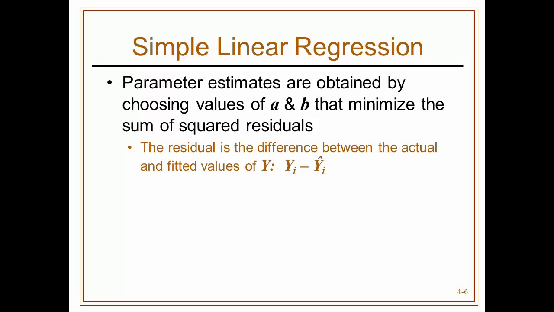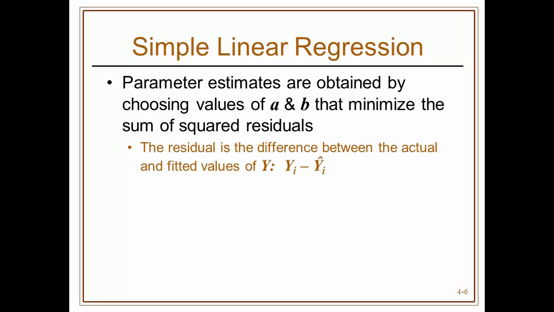And the way that it determines this is by figuring out what is the actual value of y that was inputted, and then what would be the estimated or fitted value of y that would result from the a and the b that we're currently considering, the line that I'm currently considering. Figuring out the difference between those two is what they call the residual, or you can think of it as how badly the fitted value compares to the actual.